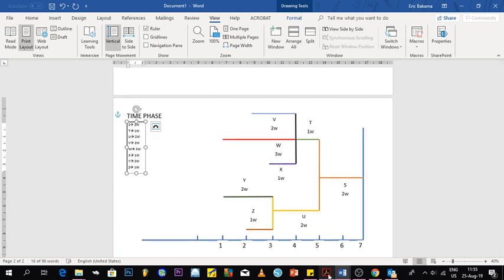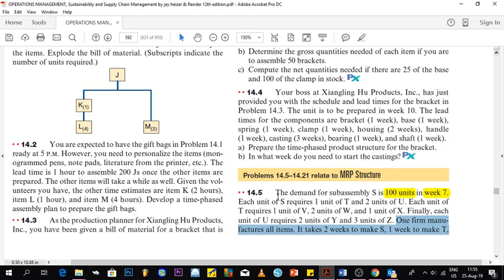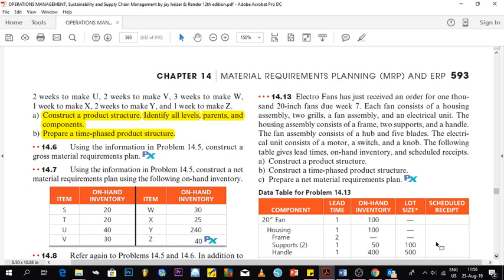So today we're going to work on problem 14.5 in Operations Management: Sustainability and Supply Chain Management by Jay Heizer and Barry Render, 12th edition. The exercise we were working on was 14.5, which had two questions: construct the product structure and identify all the levels, parents and components, which is what we did.